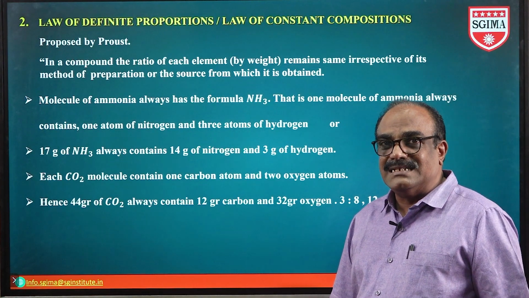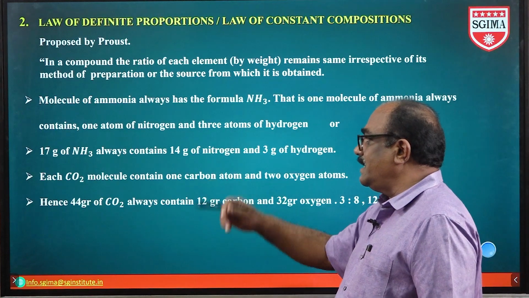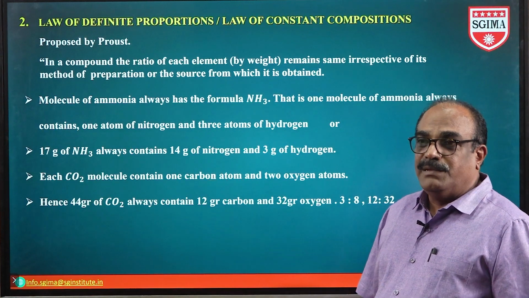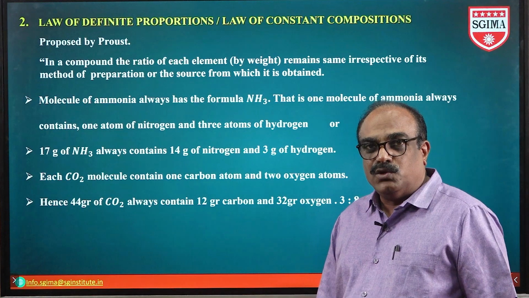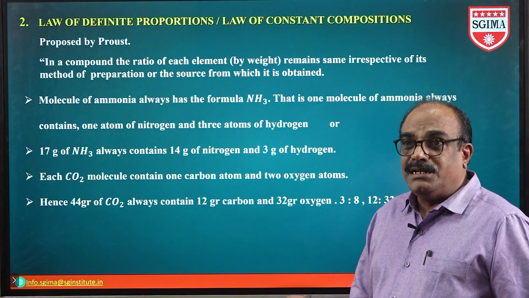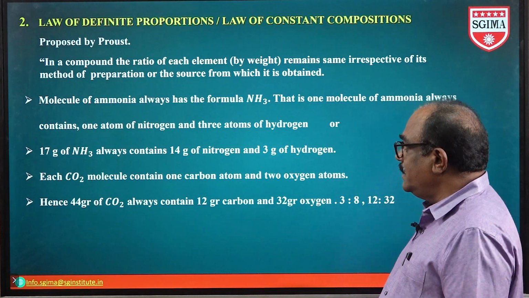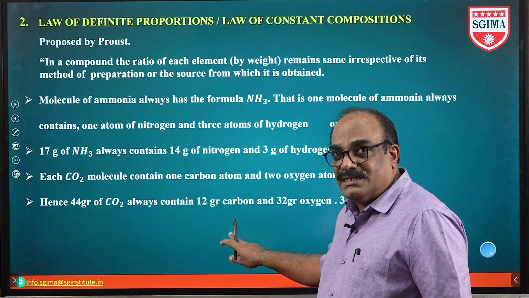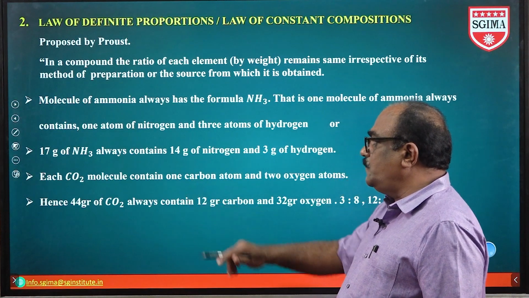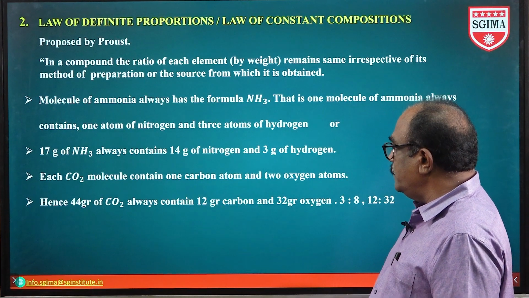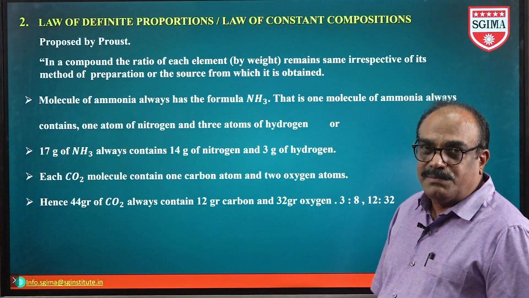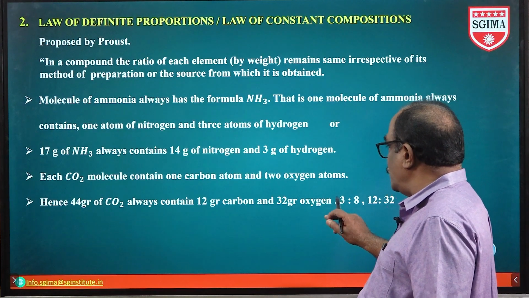Another example, let us consider the carbon dioxide molecule, which contains 1 carbon atom and 2 oxygen atoms in terms of atom proportion. If I take it in terms of mass, every 44 grams of carbon dioxide contains 12 grams of carbon and 32 grams of oxygen.